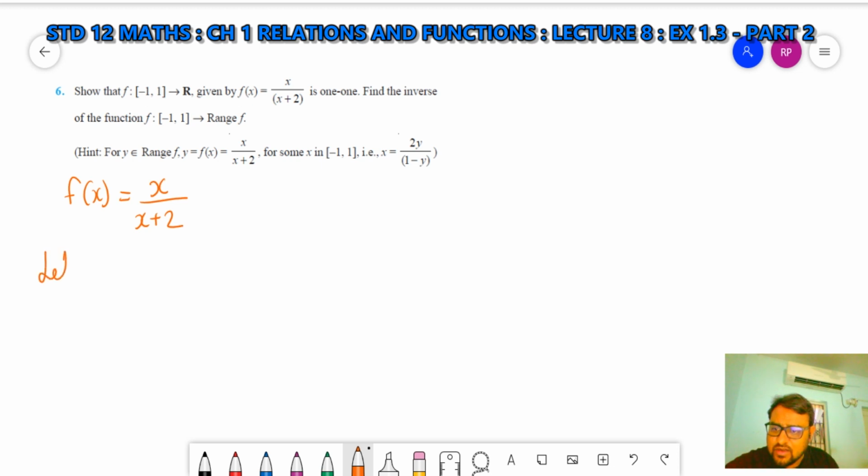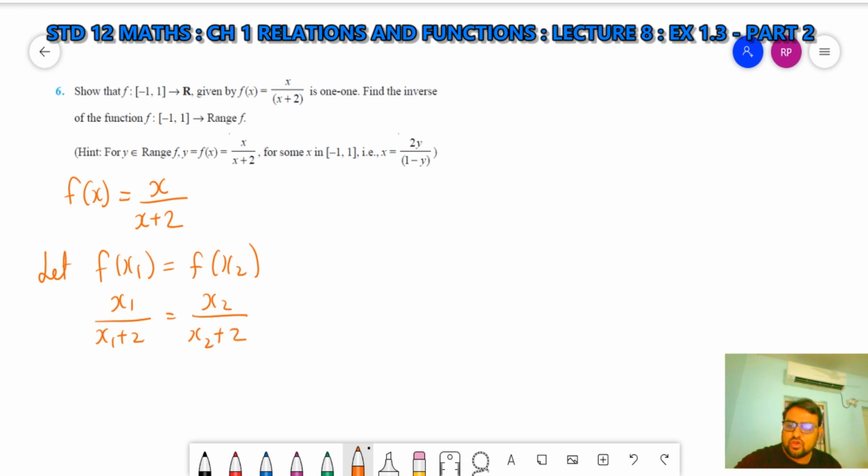For one-one, let f(x1) equal f(x2). So that means x1 upon x1 plus 2 equals x2 upon x2 plus 2. Cross multiply: x1 into x2 plus 2x1, and this one x1 into x2 plus 2x2. x1x2 and x1x2 get cancelled.